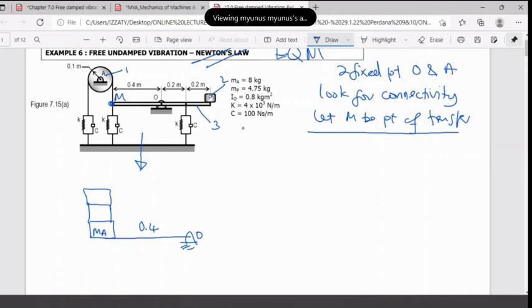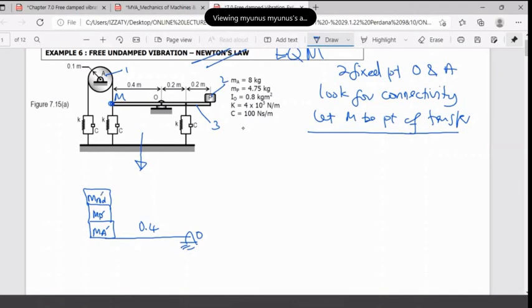Put it MA, and MA is M prime, of course. Do another one. MP you have to transfer. Do another one, M rod transfer. This M rod rotating about O, correct.